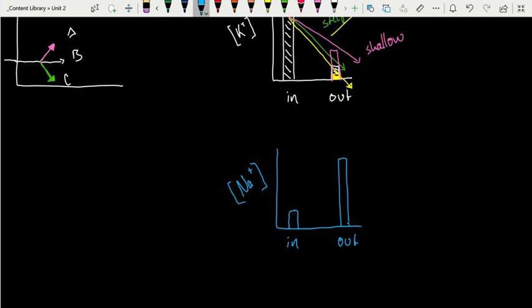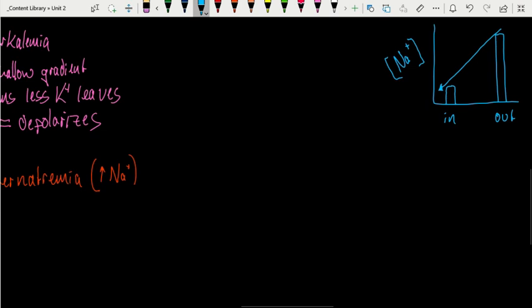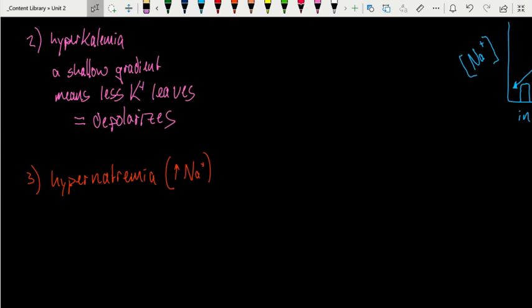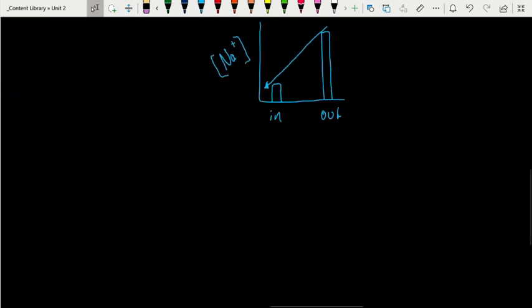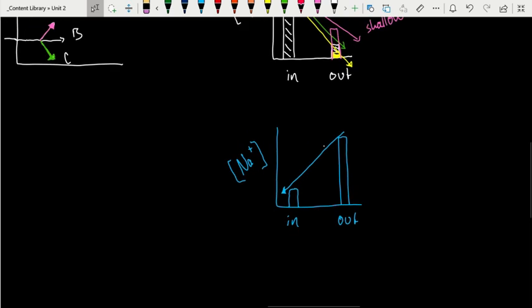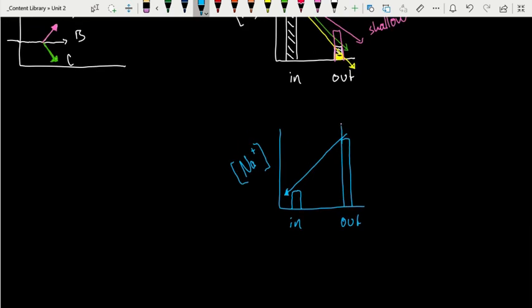And this defines the steepness of the gradient, right? The steepness of the gradient is high to low. Sodium wants to go in. So we're looking for hypernatremia, high sodium on the outside. Well, look what happens here. If we increase the amount of sodium that's on the outside, what have we done?